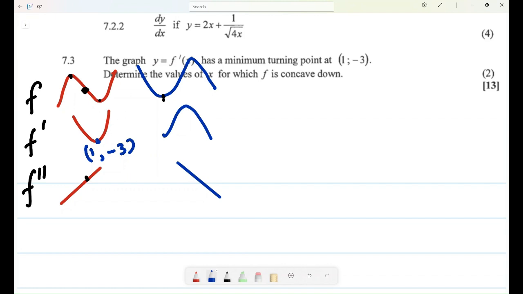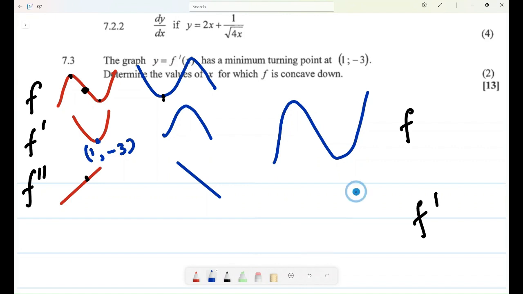So now I know, when I derive my f, I get my parabola. But now the x-coordinate of the turning point of my cubic function becomes my x-intercept.